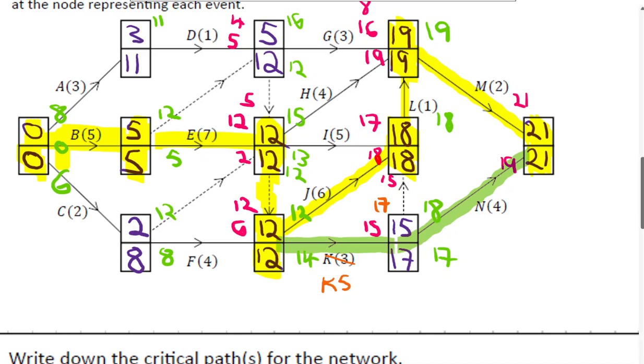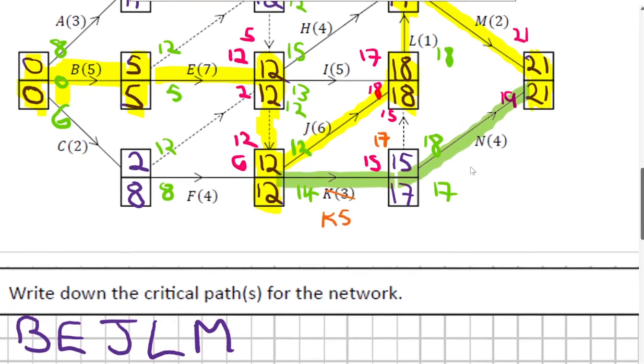So it would actually create two critical paths. You have the one we had before, B, E, J, L, M, and we'd have this one here, B, E, K, N. So there would be two critical paths, but the time to complete the project has not changed.